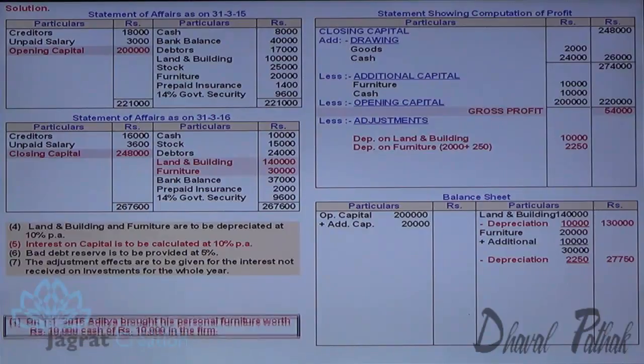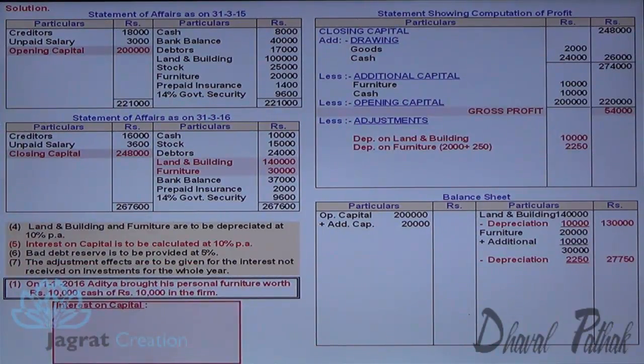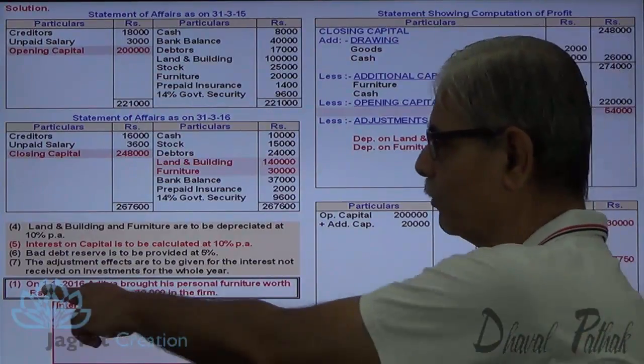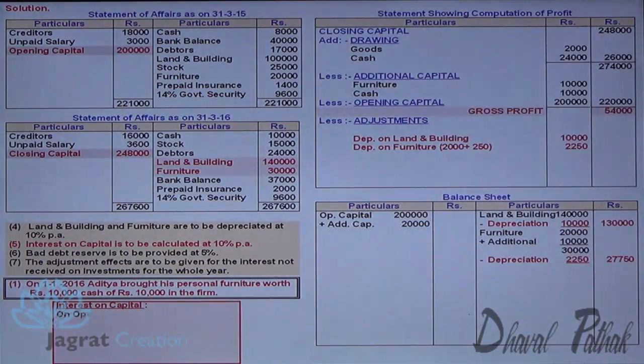So here I calculate interest for 3 months for the additional capital, because the additional capital was brought on 1st of January 2016. So on opening capital, interest will be calculated for the whole year. So 2 lakhs into 10% whole year interest, and additional capital 20,000 on which interest gets calculated only for 3 months. So 20,000 into 10% into 3 months, 500 is the interest.